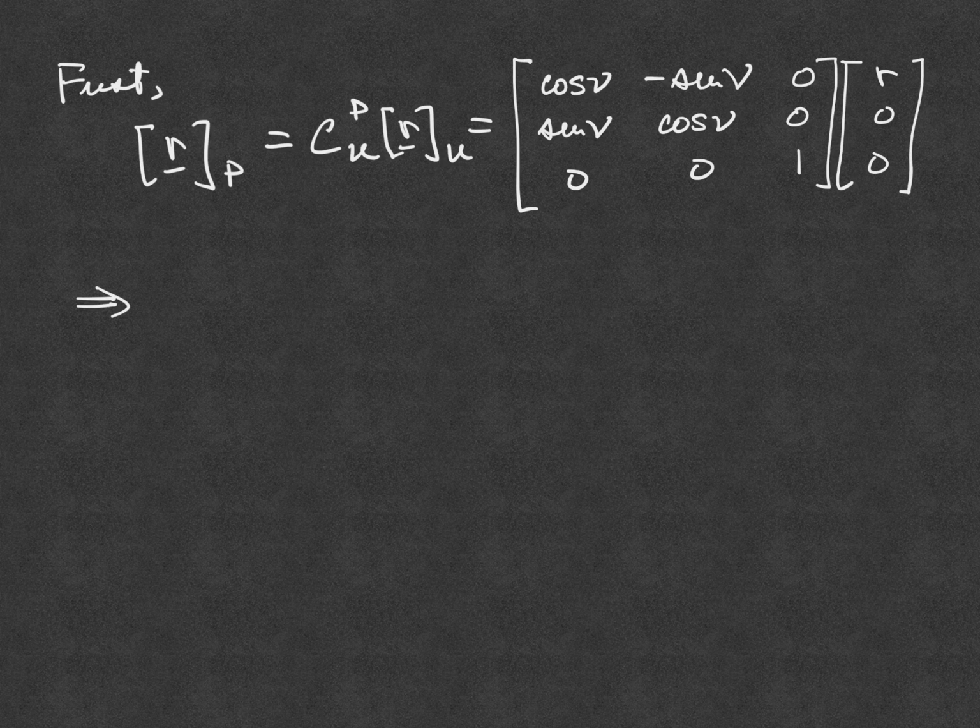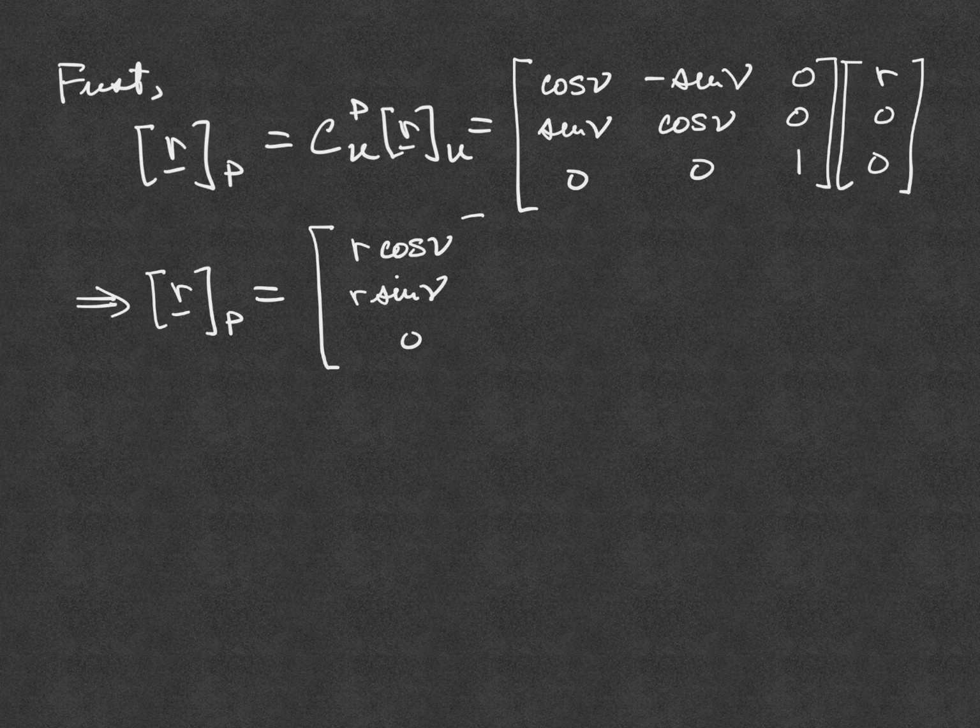So that implies that r expressed in p is equal to, well, the components become r cosine of nu, r sine of nu, and 0. And recall that r is equal to p over 1 plus e cosine of nu. So now we have an expression for the position in perifocal coordinates.